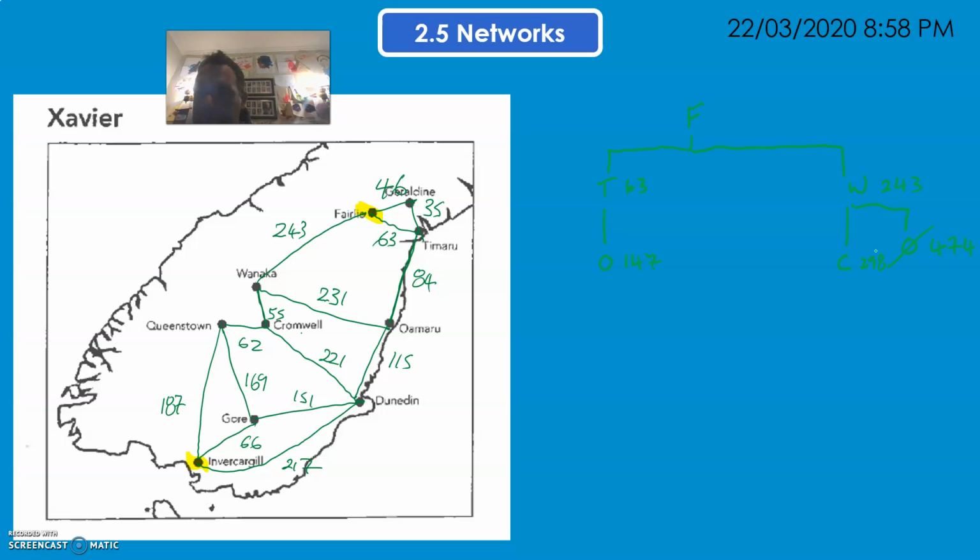Then from Cromwell, I can go to Dunedin, which adds 298 plus 221, which gives me 519. Or I can go to Queenstown, which will be 298 plus 62, which gives me 360.